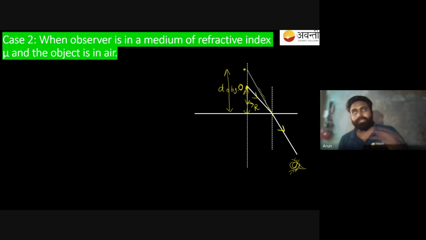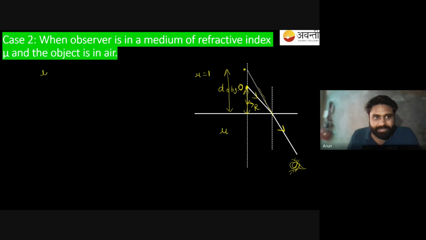So it appears somehow greater than the real depth if the observer is in the medium of mu and the object is in a medium of air. Okay, so from the formula that we have derived, mu2 by mu1 equals real over apparent.